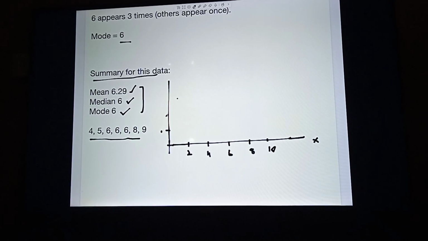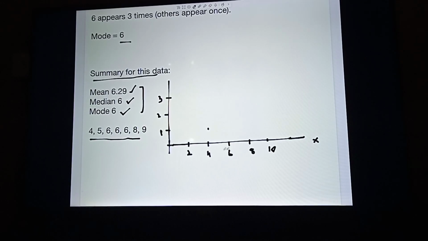If it is repeated 2 times, then we will write 2 here. If it is repeated 3 times, then we will write 3 here. So this is 1, 2, 3. Now this is the y-axis. Now 2 isn't in the data set. 4 is here. This is just 1. So just put a dot here.